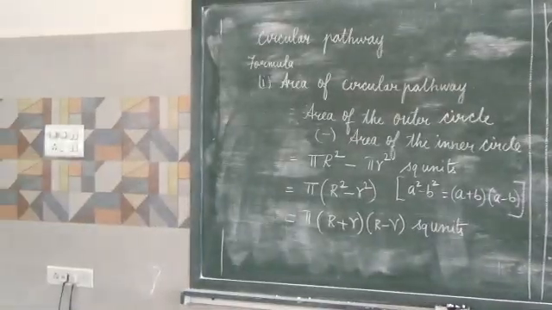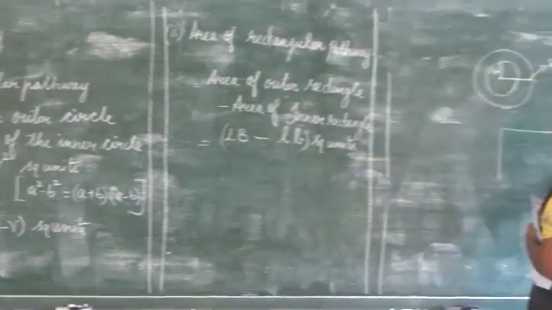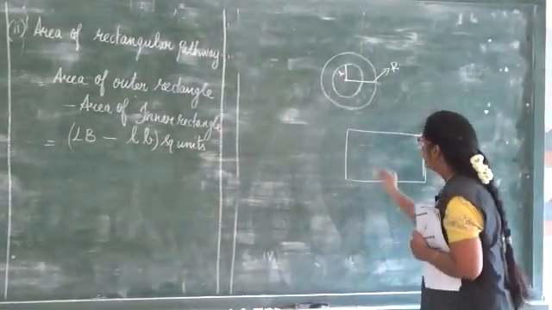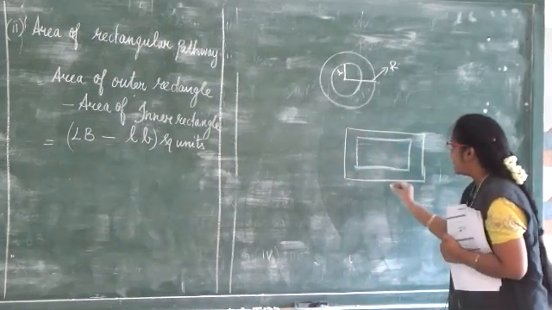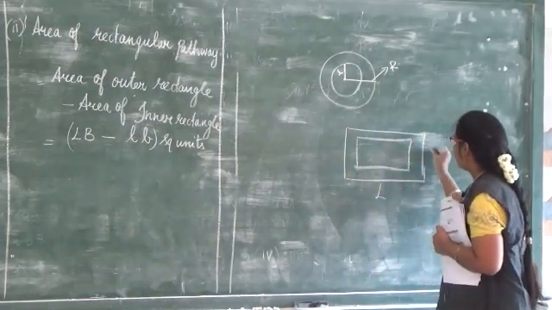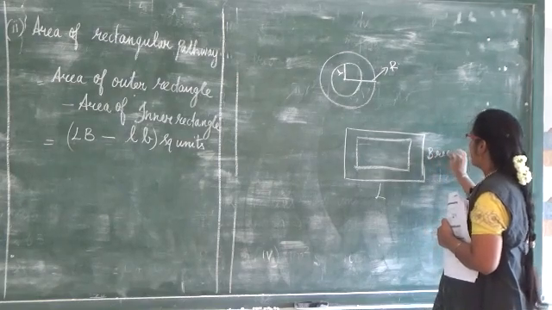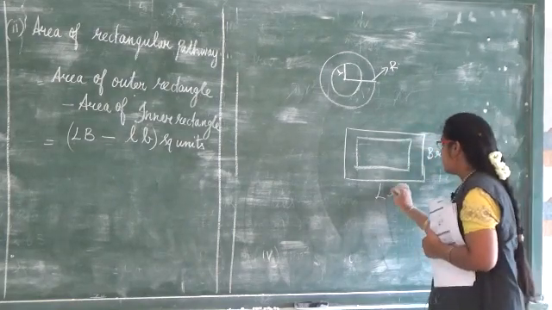When it is a rectangular pathway like this, for the rectangle we will have the length and the breadth. This is breadth and this is length.